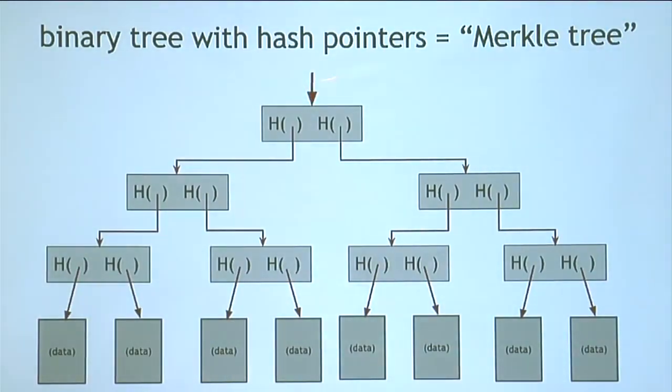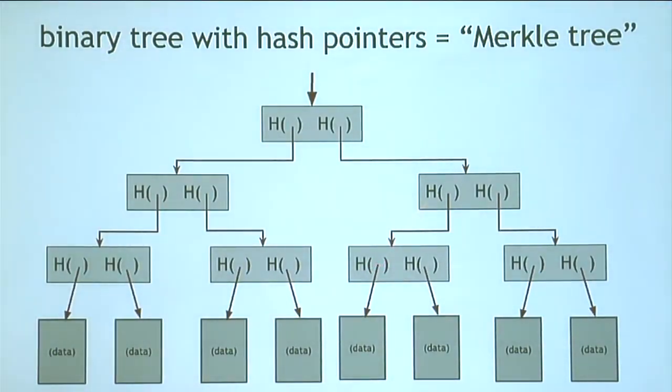And then just like before, we're going to remember just the hash pointer up here at the head of the tree. And we can then, if we want, traverse down through the hash pointers to any point in the list, and we can make sure that the data hasn't been tampered with. Because just like I showed you with the blockchain, if an adversary tampers with some block down here at the bottom with the data, that will cause the hash pointer that's one level up to not match, so he'll have to tamper with that.